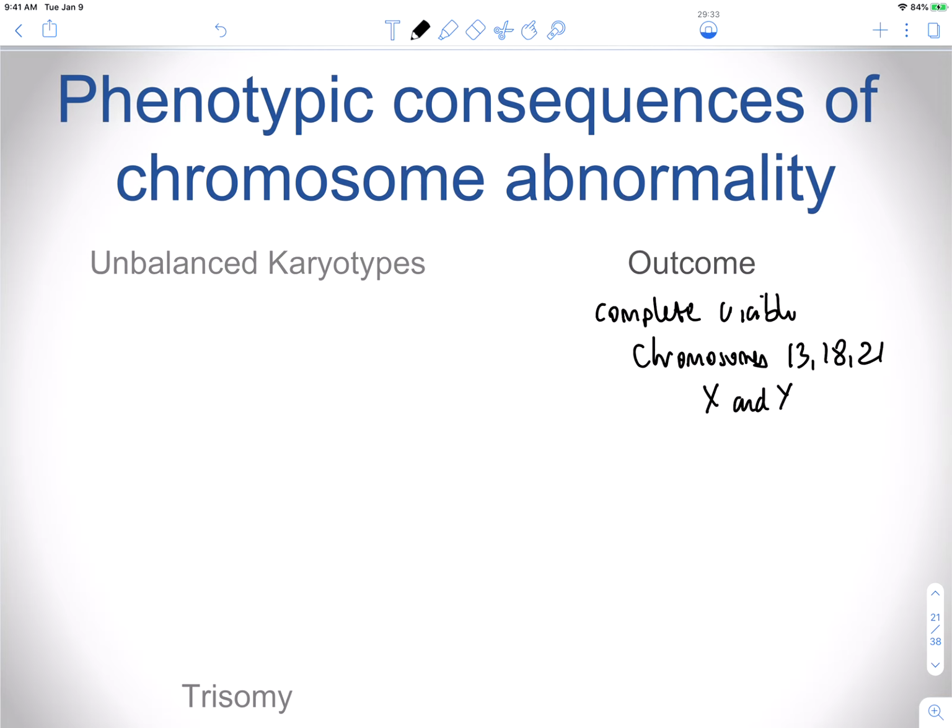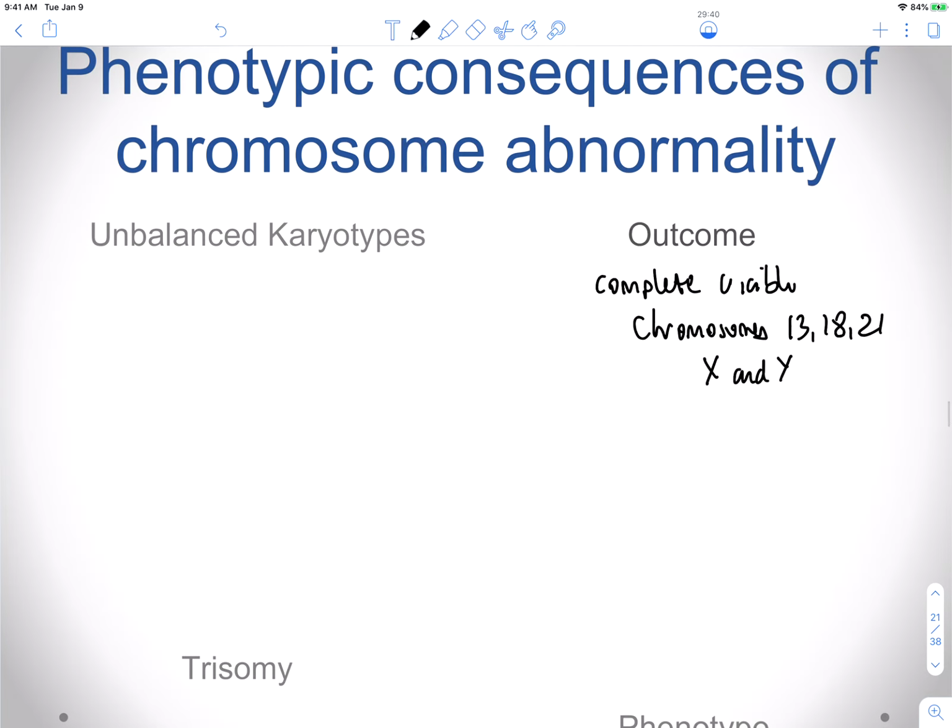Now, for your trisomies, the phenotype is going to depend on the size of the unbalanced segment, whether it's a full chromosome or a partial chromosome, which regions and which genes are going to be affected. And so your abnormality with respect to trisomies can be in mosaic forms. Mosaic forms occur when the mutation happens after conception.